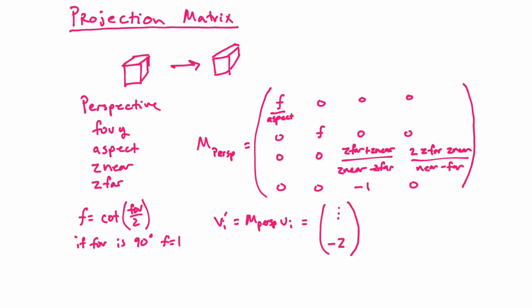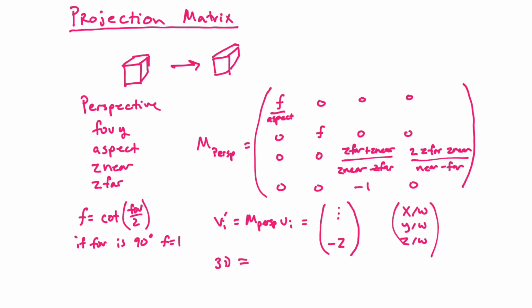And what's going to end up happening is that when we do the projection, remember the projection is, we're going to end up dividing by the Z coordinate. And that's essentially how we go from 3D to 2D. Okay?